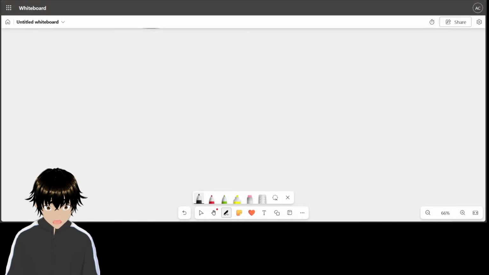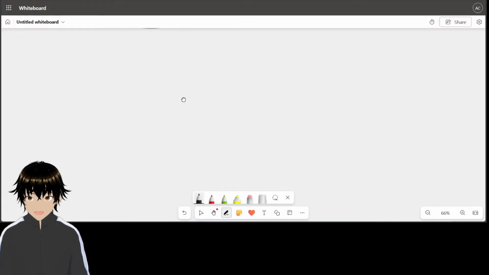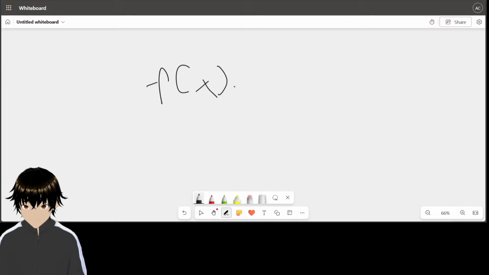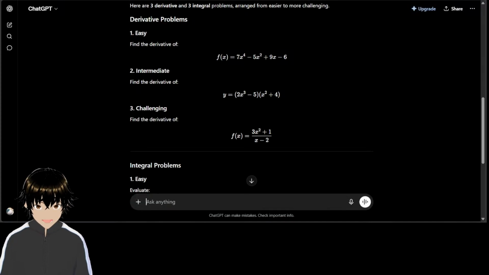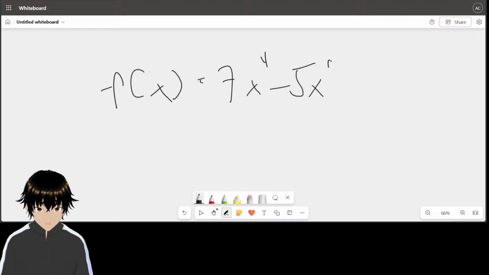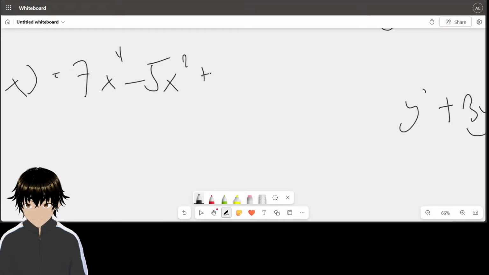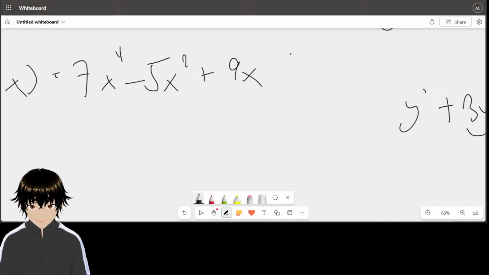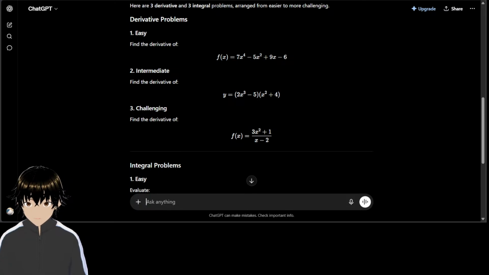I hope I can answer this with stock knowledge. Okay, so we have f of x equals 7x to the power 4 minus 5x squared. I really have to work on my basics right here because I jumped straight into differential equations, and with differential equations you have to have a certain level of base knowledge on derivatives and integrals.